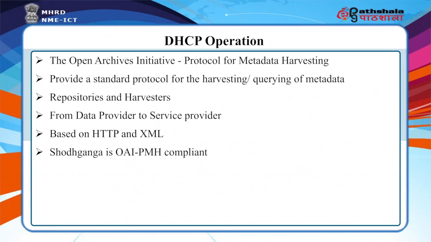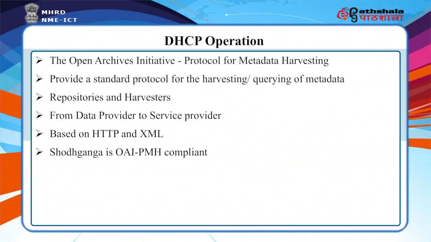It provides a standard protocol for the harvesting and querying of metadata. So we must have repositories with content. Repositories and harvesters make data exchange between the other servers and users. So from data provider, this will work like a service provider.